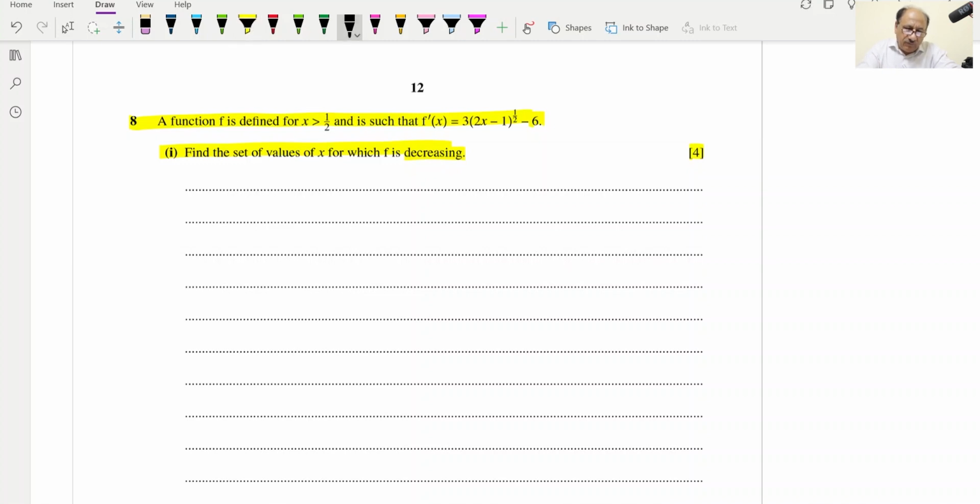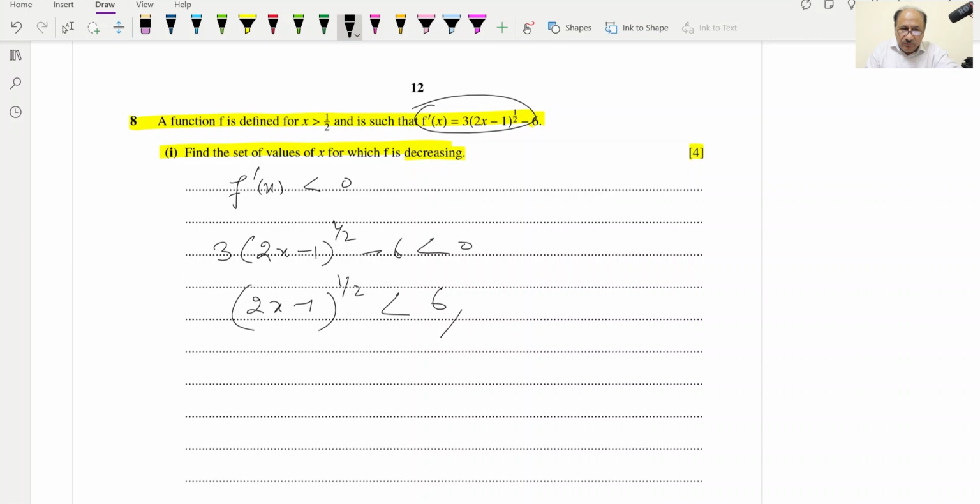f dash of x should be less than 0 for this, so it will be 3 into (2x minus 1) raised to the power 1 by 2 minus 6 less than 0. We can shift 6 to the other side and divide by 3, so (2x minus 1) raised to the power 1 by 2 is less than 2.